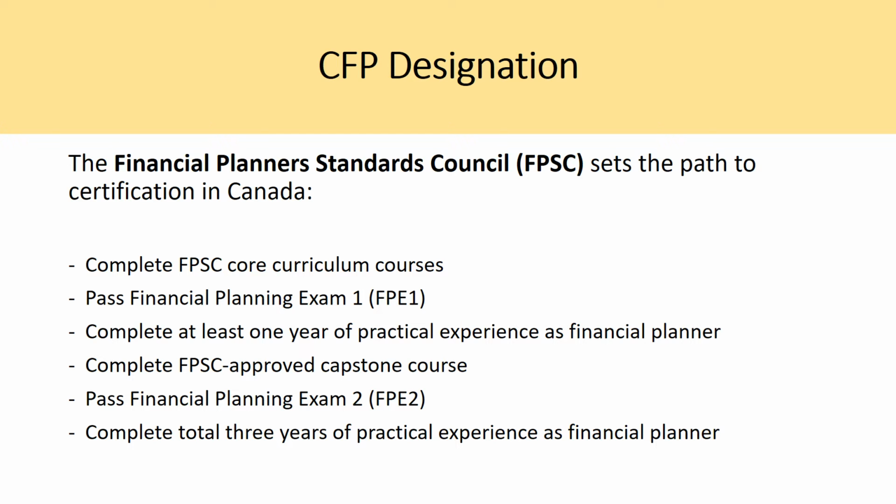You then pass your first exam. You then complete 1 year of practical experience as you study for the capstone course. You then take the second exam, and after 3 years of combined experience, you then get your CFP designation. And this is probably nowadays really expected to work in the industry. So it's something that a lot of people, if you're going into this industry, you should really focus on getting.